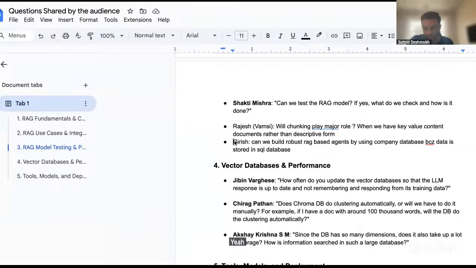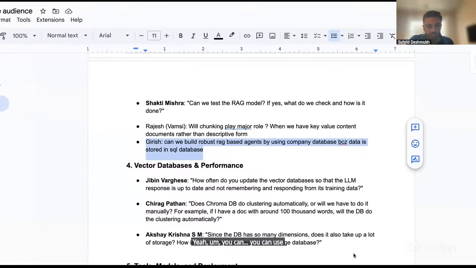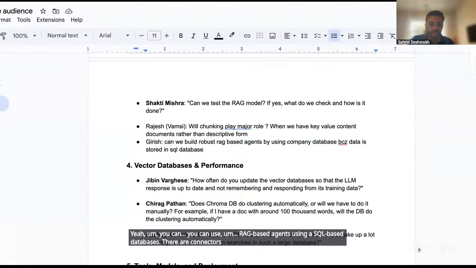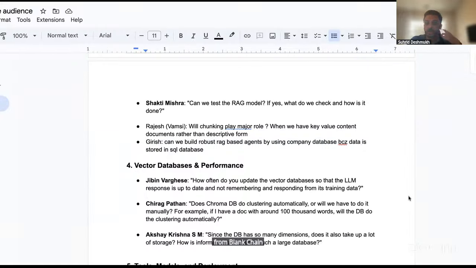Yeah, you can use RAG-based agents using SQL-based databases. There are connectors and data loaders available to you from LangChain which connect to SQL DB. So yeah, you can replicate the same pipeline.